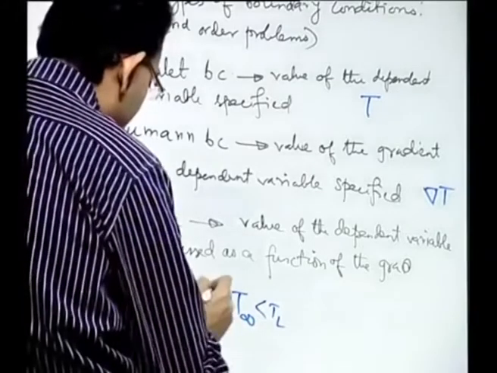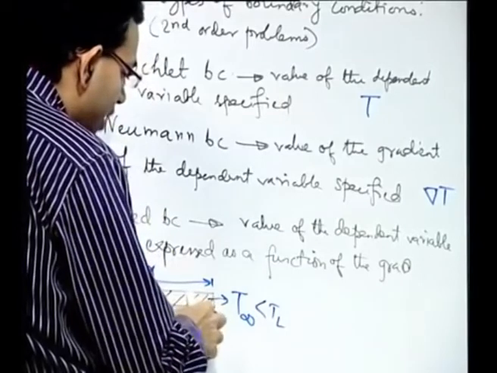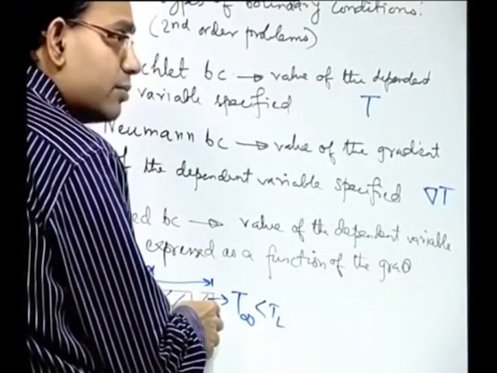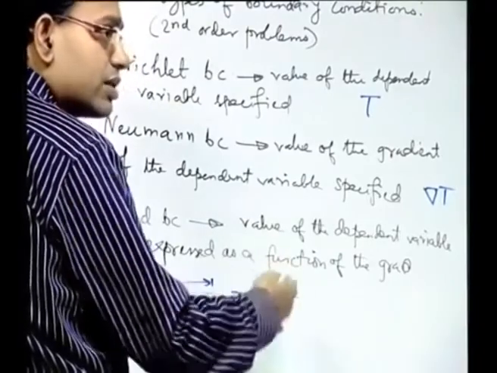So the boundary condition here is whatever heat flux comes at the tip by virtue of conduction, the same heat flux is dissipated to the outside because of convection.